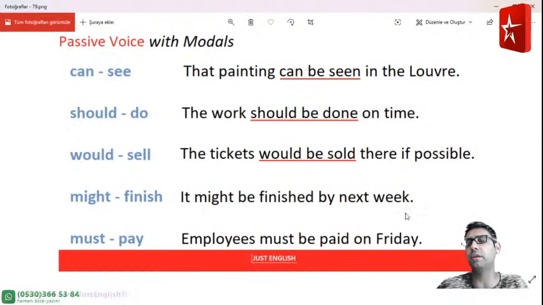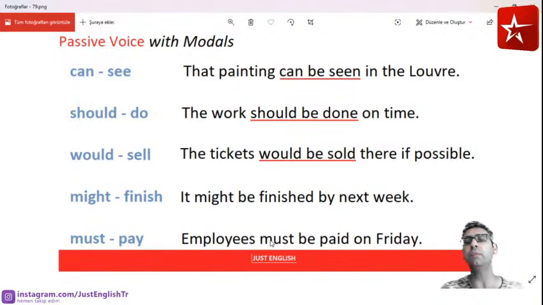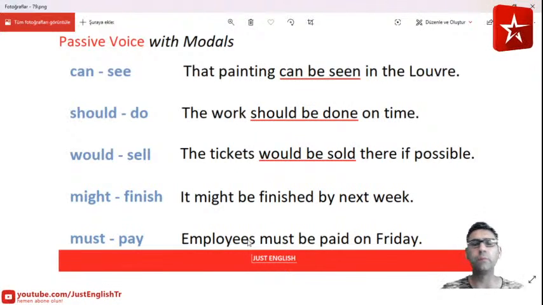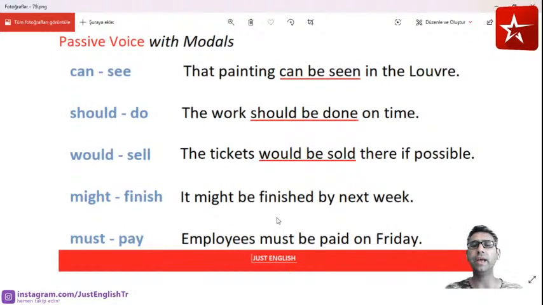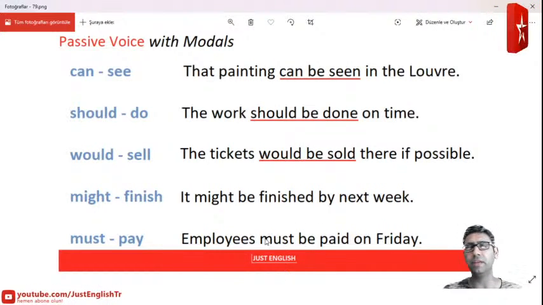It might be finished by next week. Must pay. Employees must be paid on Friday. So this is again verb 3. And we don't forget to add be in between modal and the verb itself.